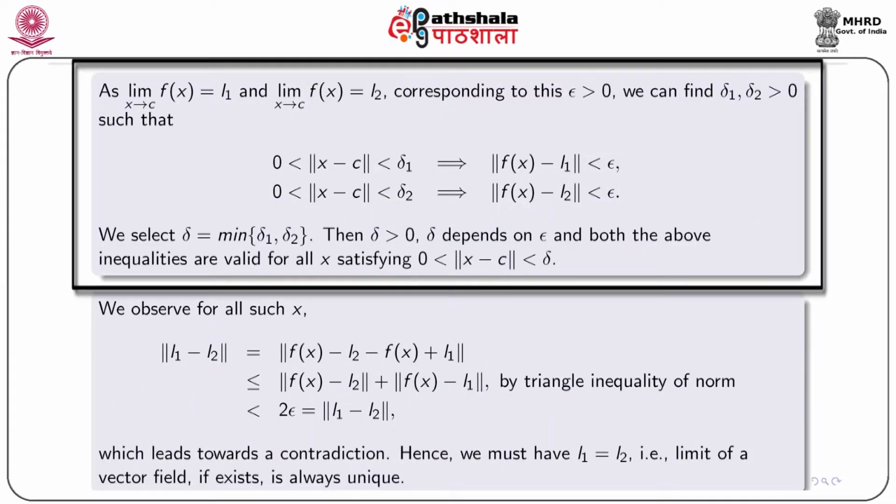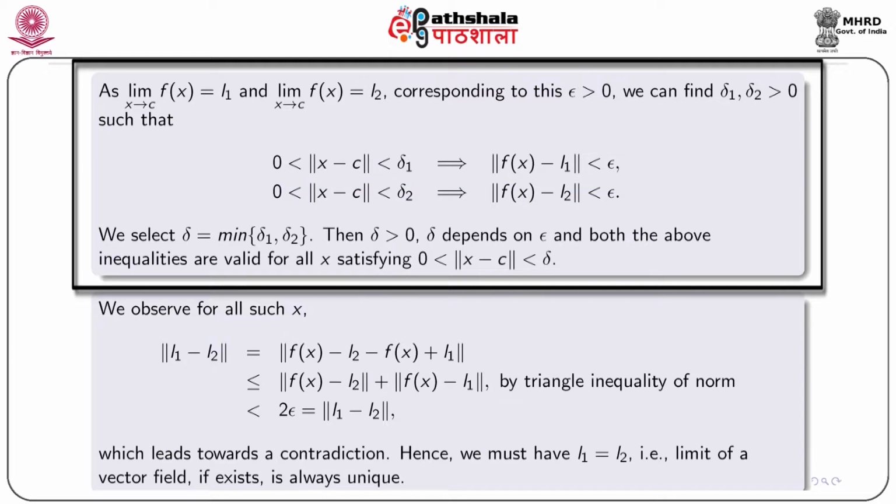As limit of f(x) as x approaches c is L1 as well as L2, then corresponding to this epsilon, we can find delta1 and delta2 both dependent on epsilon, such that whenever norm of x minus c less than delta1 but positive, we have norm of f(x) minus L1 less than epsilon.